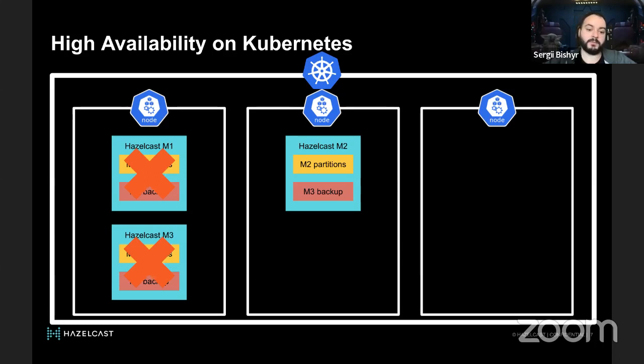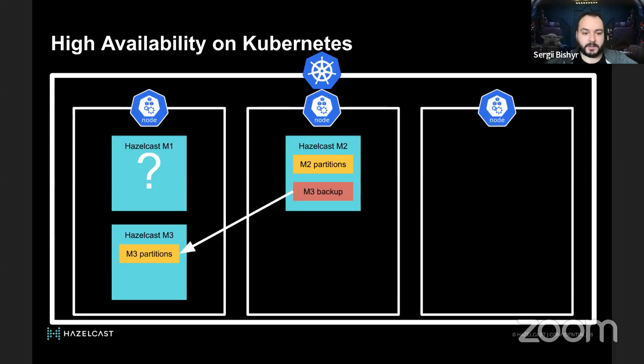It means that all the members that were running on this node will also fail. And in this case, it will not be possible to restore all of the data that we have here, because, as we saw, member 1 and member 3 failed. And we have only the backup of member 3, because it was stored on another node. Yeah, so we could restore the data partially, but we lost all the data that was stored on member 1.